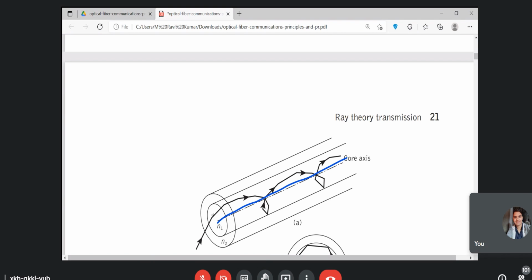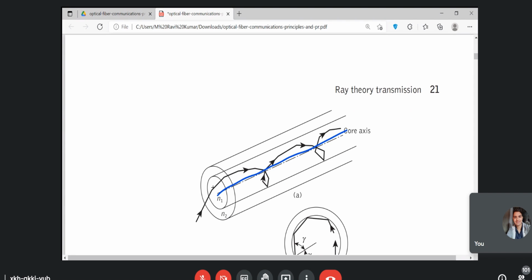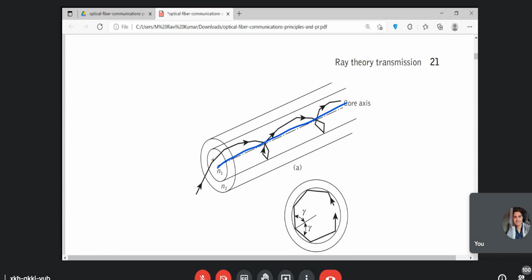It is able to propagate along the fiber, but it goes in a helical shape, or you can say in the shape of a spring. I hope you have all seen the shape of a spring. If you look from the surface of a fiber, this is what you would see. The path of transmission of the fiber would be something like this.